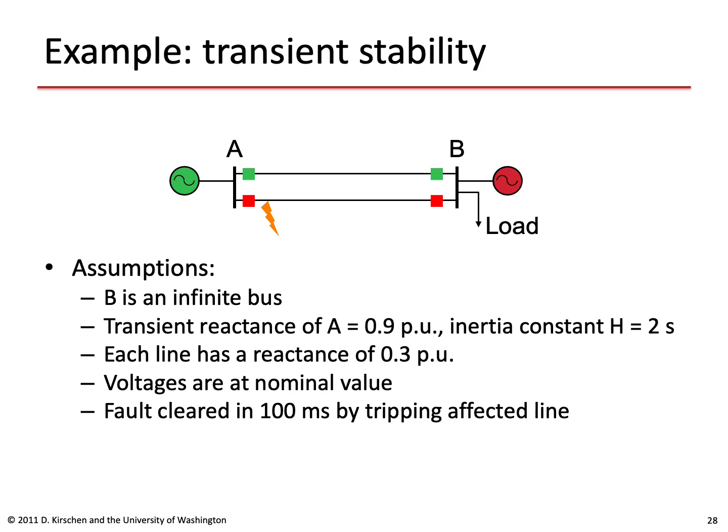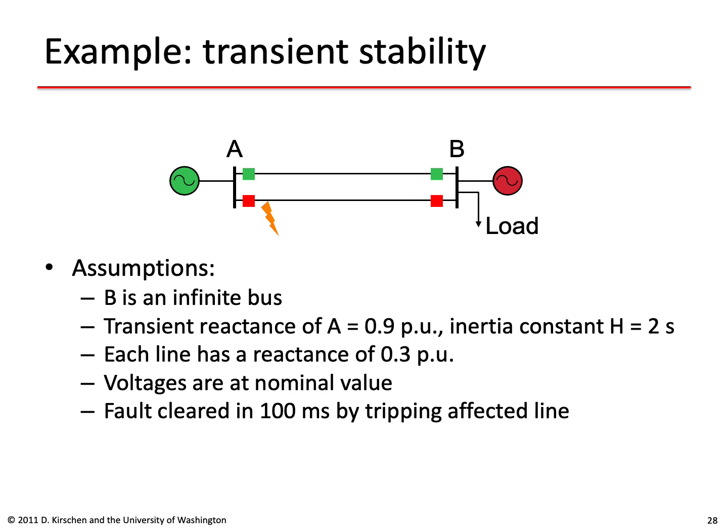Let's suppose that each of the lines has a reactance of 0.3 per unit, and that the voltages are at nominal value. And let's assume that there is a probability of a fault on one of the lines between A and B, but if such a fault were to occur, it would be cleared in 100 milliseconds by tripping the affected line.